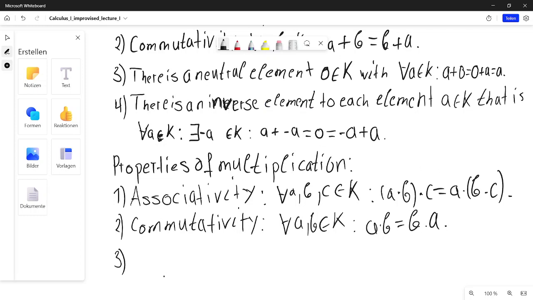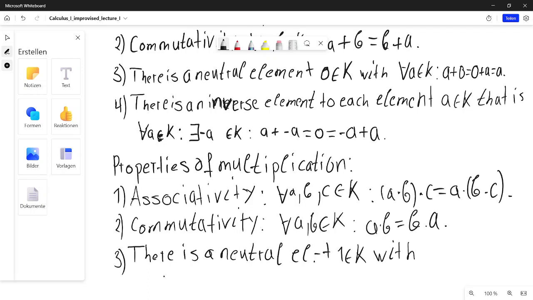Okay, there is also a neutral element in K with respect to multiplication, and we call it 1, very self-suggestive again, and of course we just have 1 multiplied by a is equal to a multiplied by 1, and that is just equal to a.